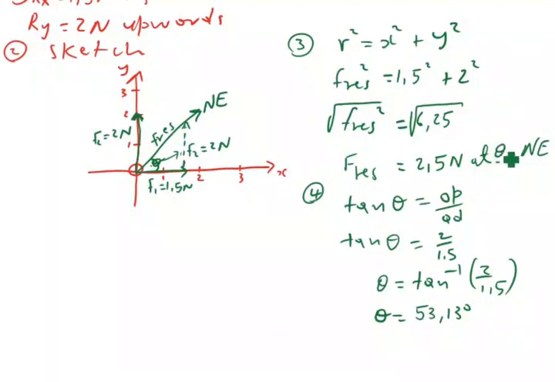So you can just put here: therefore, F-res is equal to 2,5 newtons at angle 53,13 degrees north of east. Then we are done with this one. Let's go to another example following the steps.